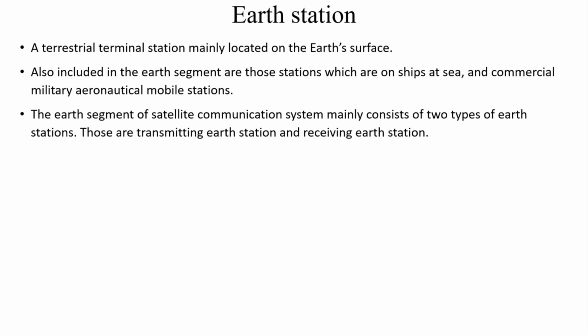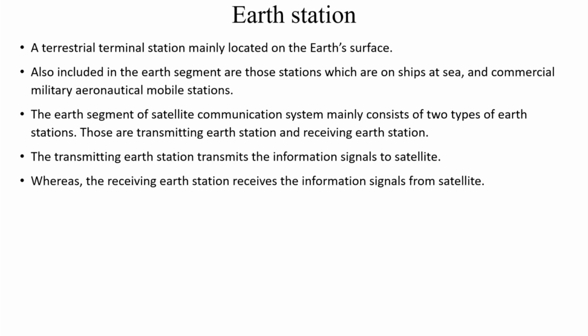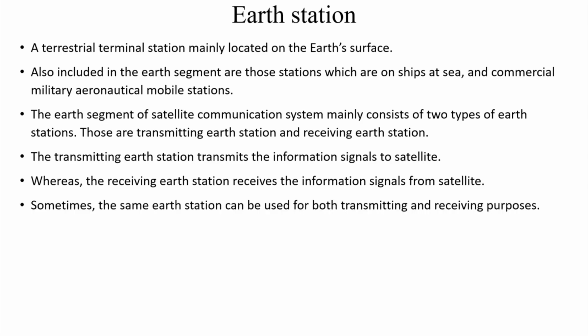The earth segment of satellite communication mainly consists of two types of earth stations: the transmitting earth station and the receiving earth station. A transmitting earth station transmits information signals to the satellite, whereas the receiving earth station receives the information signals from the satellite. In most cases, the same earth station can be used for both transmitting and receiving.